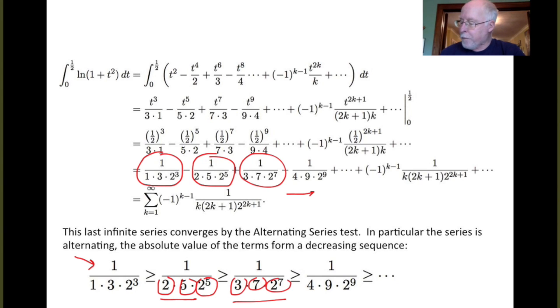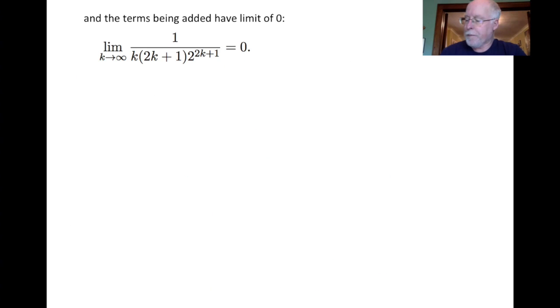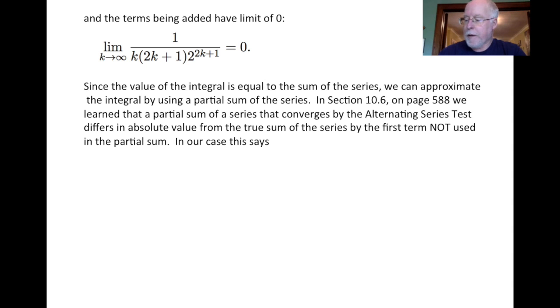So the sequence of terms is decreasing. Likewise, the terms go to 0. So if I let k go to infinity, the things I'm adding up or subtracting are getting small. They're going to 0. Now that means that the series, our answer, converges by the alternating series test.